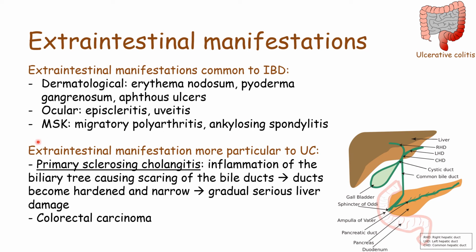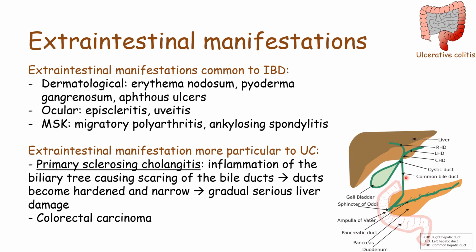Now, an extraintestinal manifestation more particular to ulcerative colitis is primary sclerosing cholangitis. This is essentially inflammation of the biliary tree causing scarring of the bile ducts. So here we have an image, and essentially all the bile produced by the liver, and the bile stored in the gallbladder, all go through these ducts to be excreted into the small intestine.